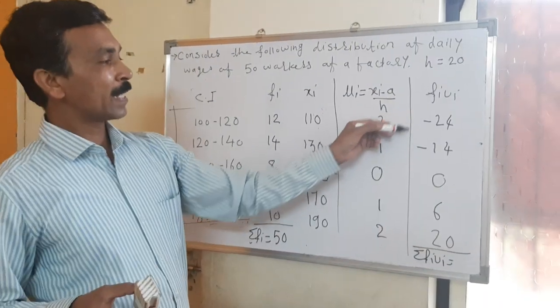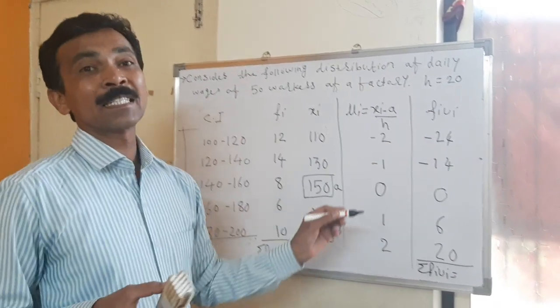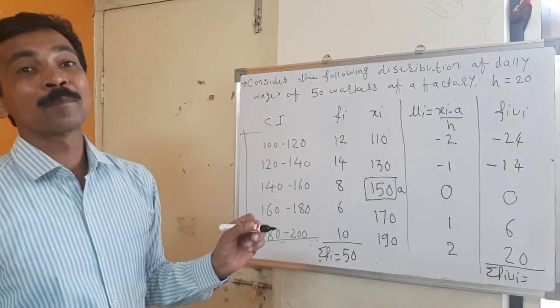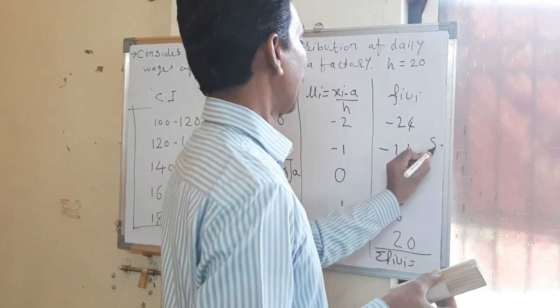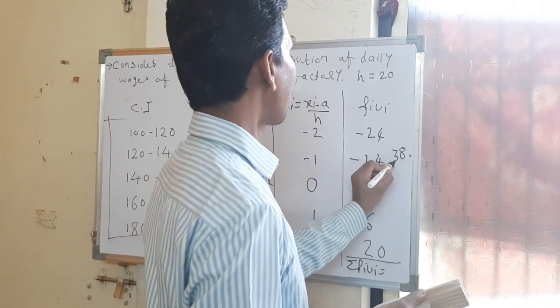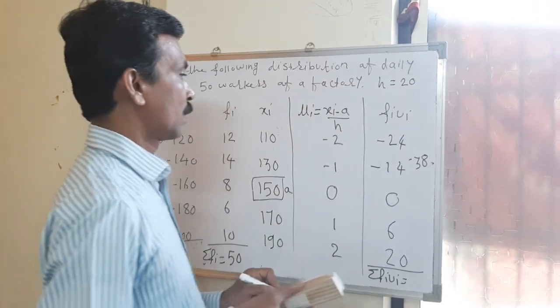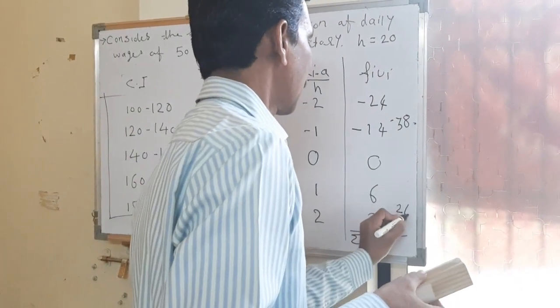Now let's see what is the summation of Fi Ui. First I will add minus 24 minus 14. They get added, but the sign will remain negative. So it is minus 38. And 20 plus 6 is 26.